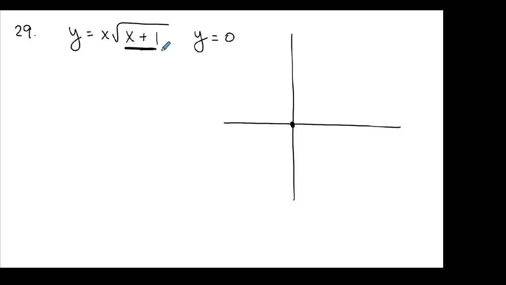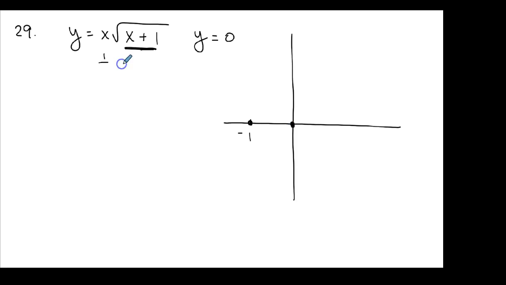So I put -1 in there to see what I get for y, and that is 0. Then I could pick any number to the right of -1.